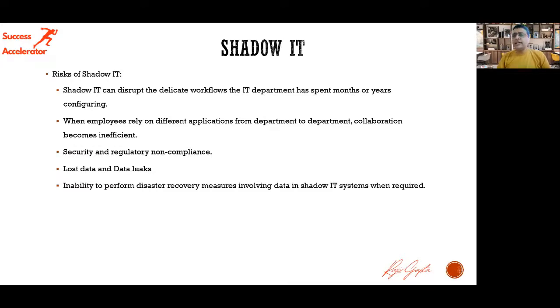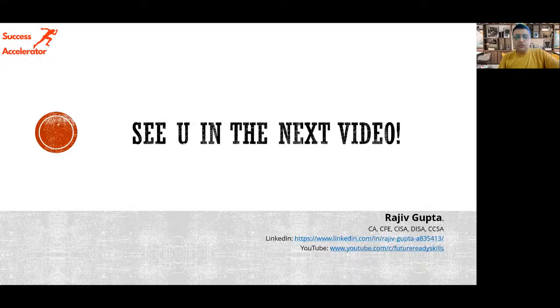Hence, in general, it is recommended to avoid shadow IT and route everything through IT department. And that would be my recommendation. If there are some bottlenecks, some challenges, that's something which have to be strategically addressed instead of creating a shadow IT in itself. So that would be my practical view around it.